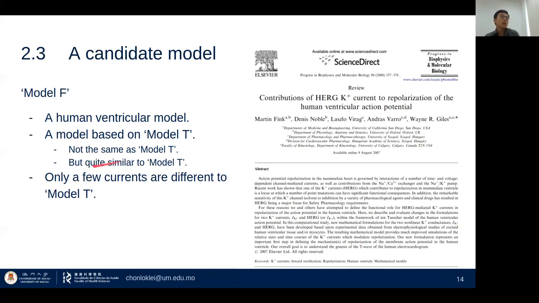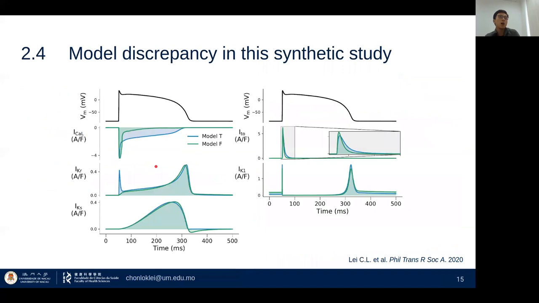Those currents that are different to model T are shown here, which, if you like, you can say is the model discrepancy in this synthetic data study. Only 5 out of more than 10, in fact, however many currents in the two models are different between model T and model F, and all the other currents are the same.